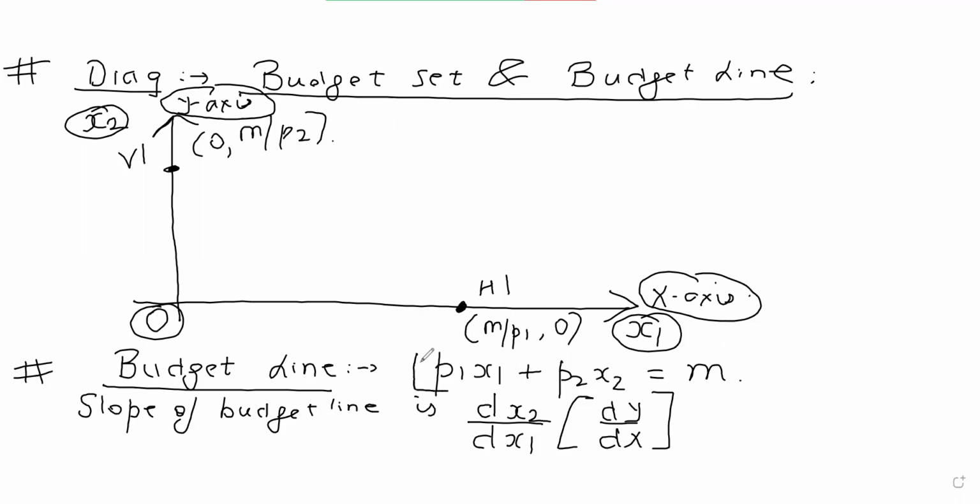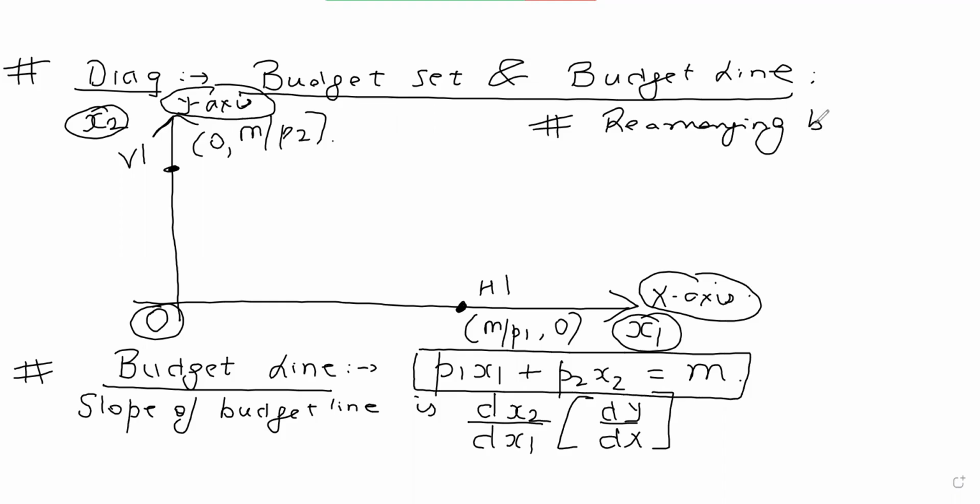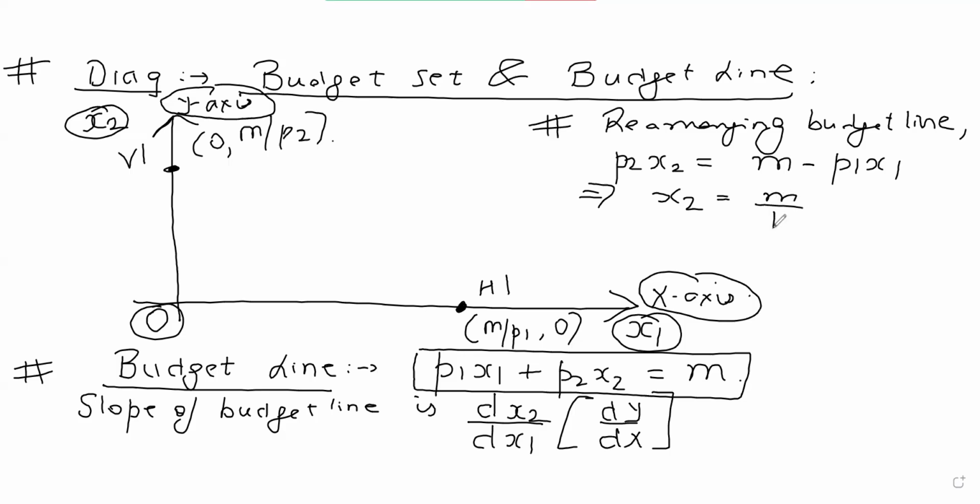Now, from the budget line equation, can I find dx2 by dx1? If I rearrange the budget line, I can write P2x2 as m minus P1x1. So my x2 is m by P2 minus P1 by P2 x1. Therefore, all of us know very basic differentiation.